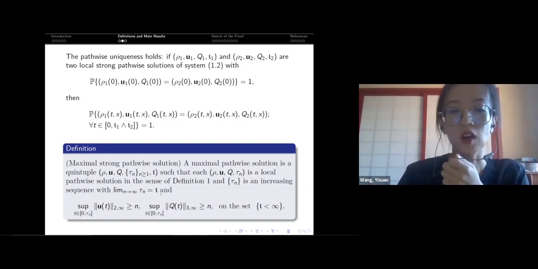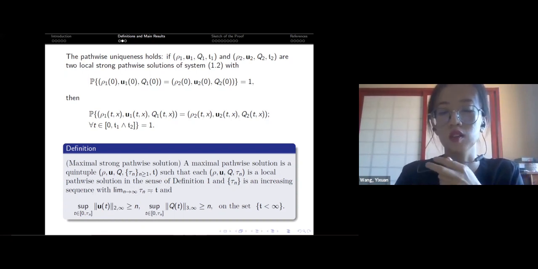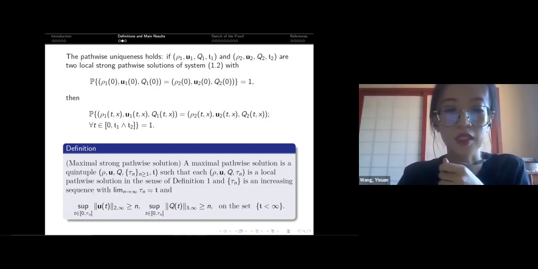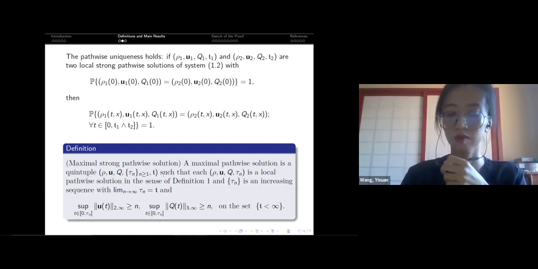And we say the limit of this τ_n is the maximal stopping time that can exist.